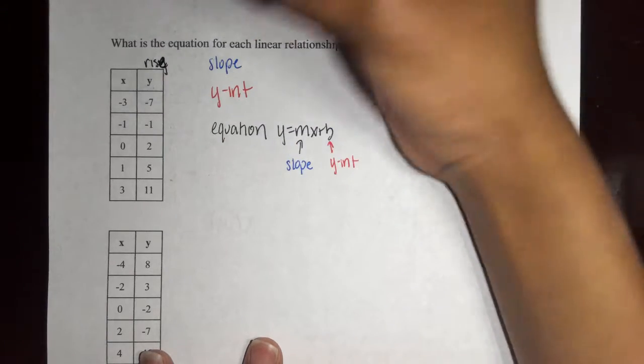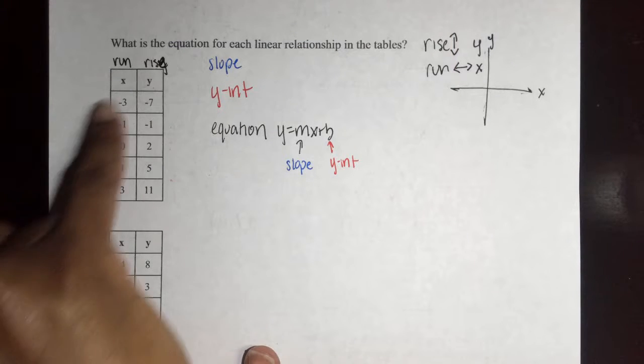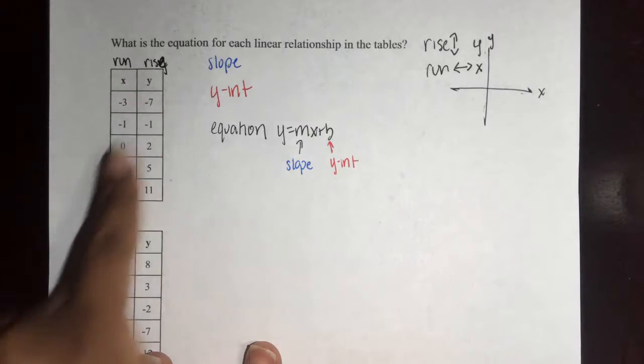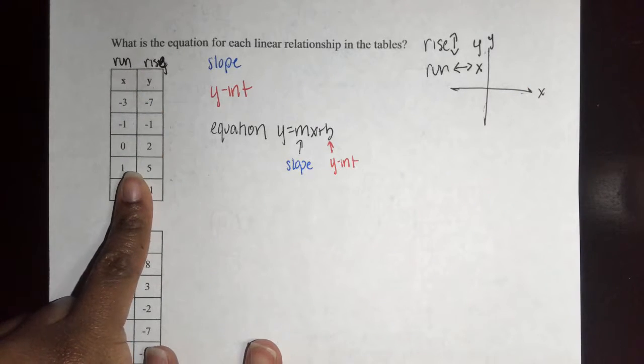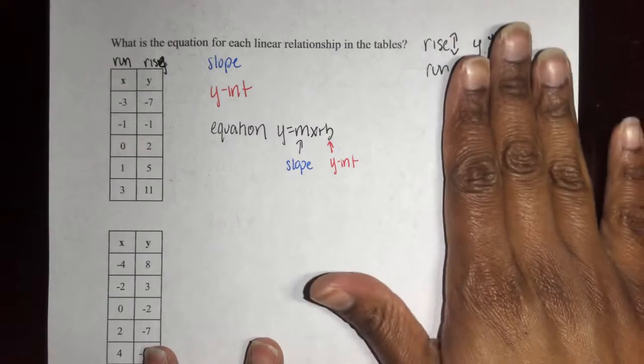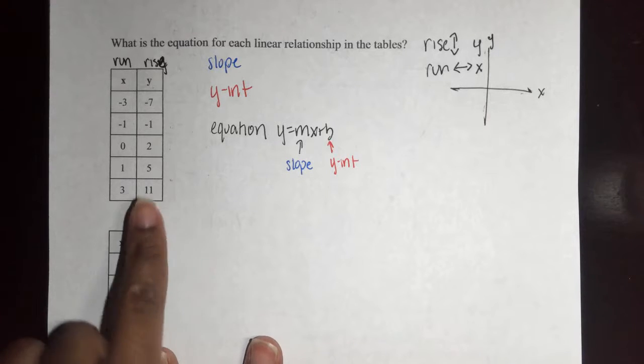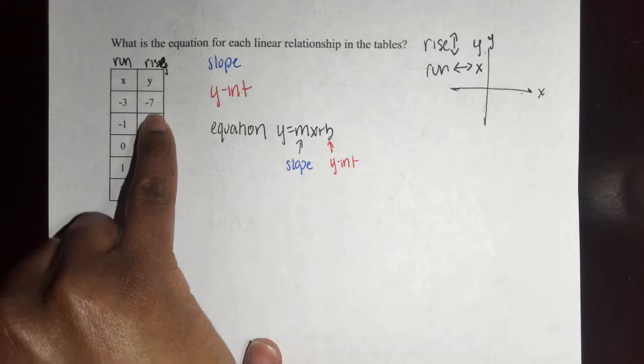We can figure out the rise over run even though we don't have an actual graph of these points. You can always graph them on graph paper, but if you don't want to graph it, you can still figure it out.